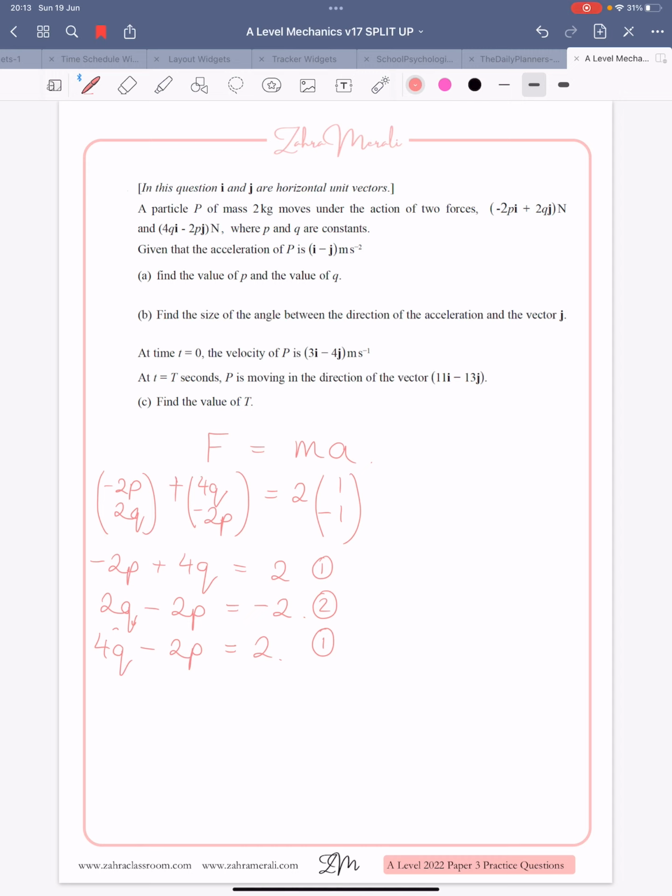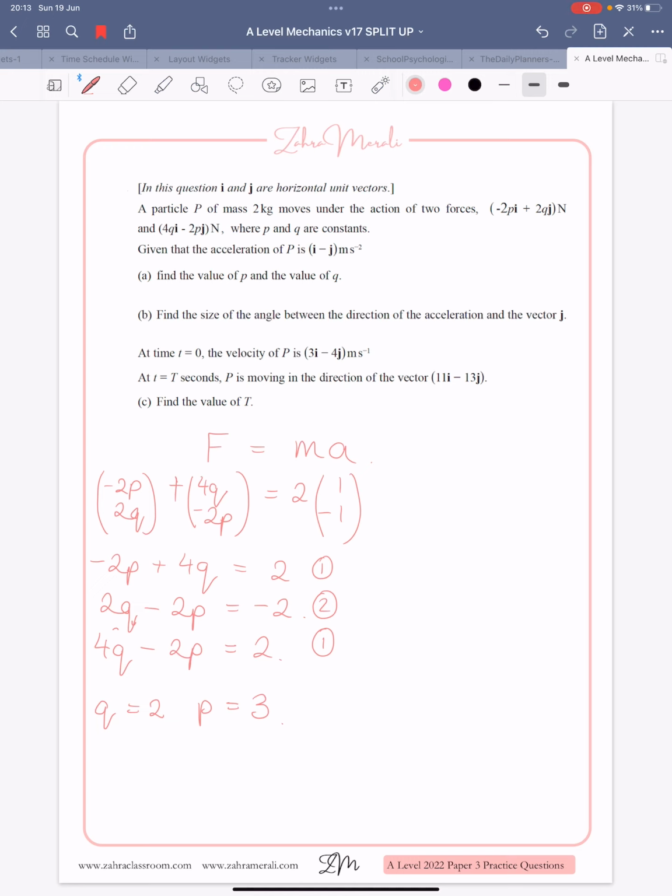I'm going to go to equation function, simultaneous equations, number of unknowns 2. That's going to be 2, minus 2, minus 2. And then I'm going to have 4, minus 2, 2. And that's going to tell me that q equals 2 and p equals 3.